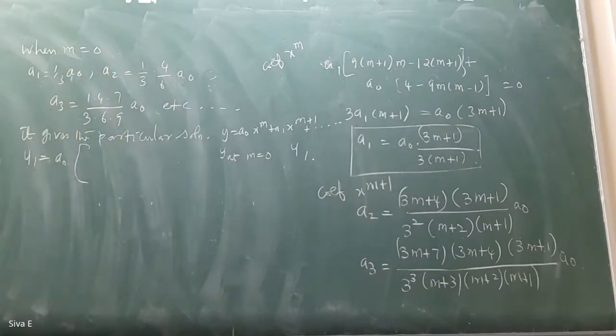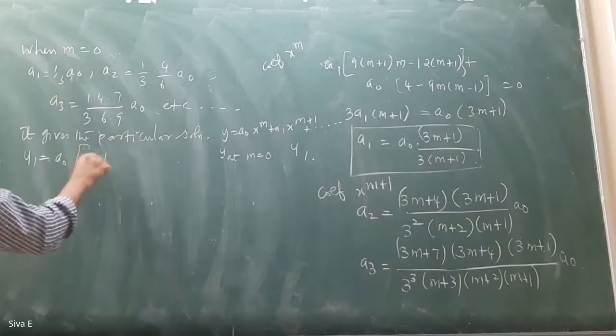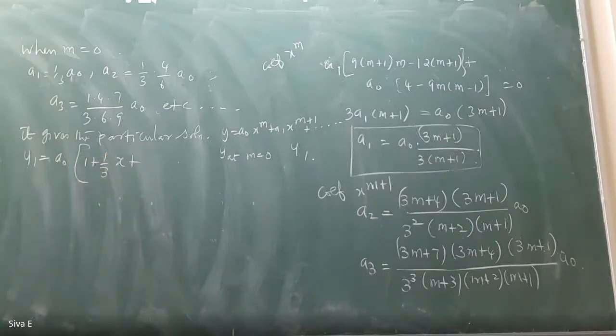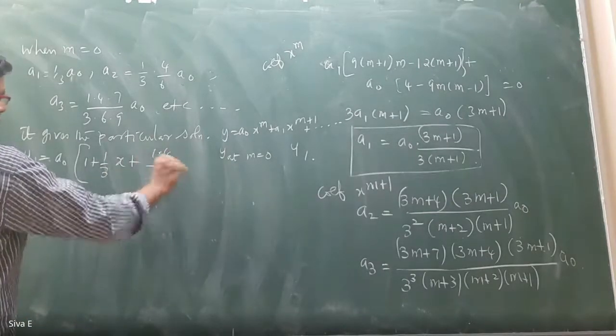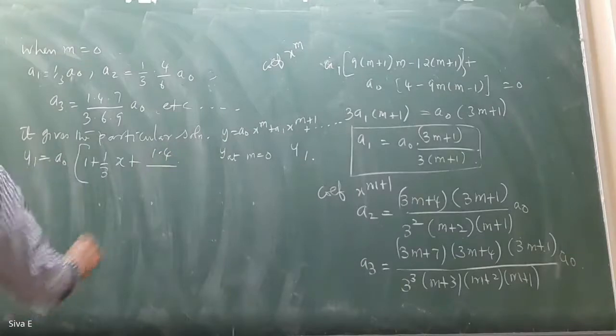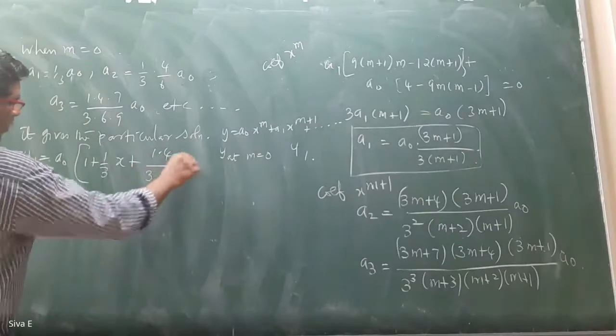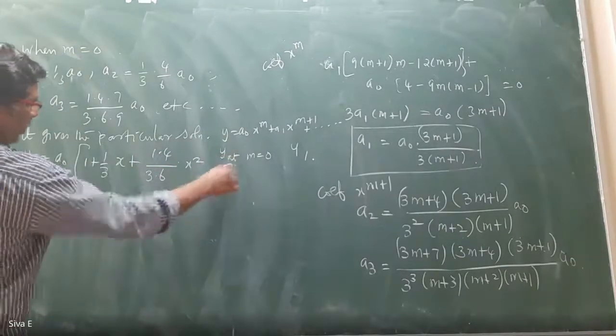Therefore, taking a naught outside, 1 plus 1 by 3 x plus 1 into 4, 3 into 6, x square, and so on.